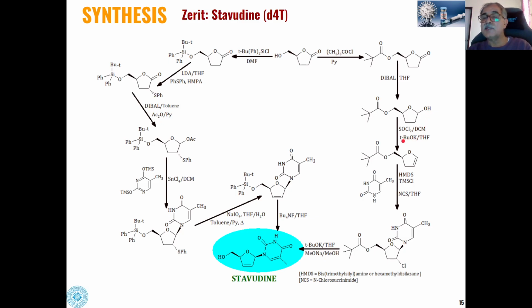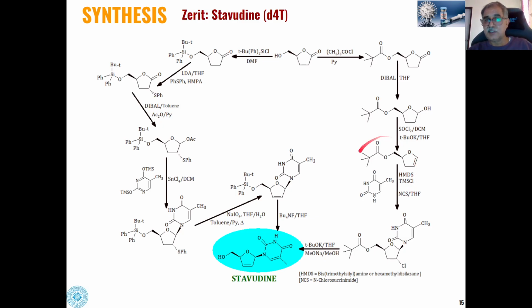And in the second step, when this is reacted with potassium tertiary butoxide in THF, then dehydrohalogenation will take place. Hydrogen from here, Cl from here is removed, and we will get this type of unsaturation, a carbon-carbon double bond is formed.